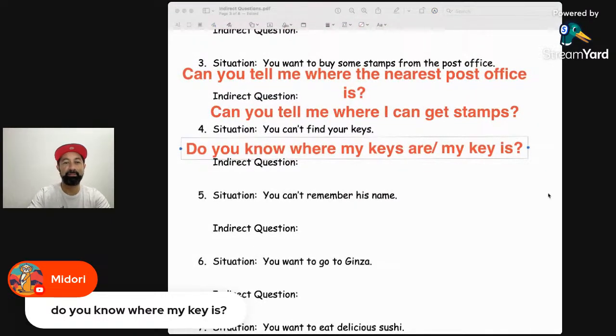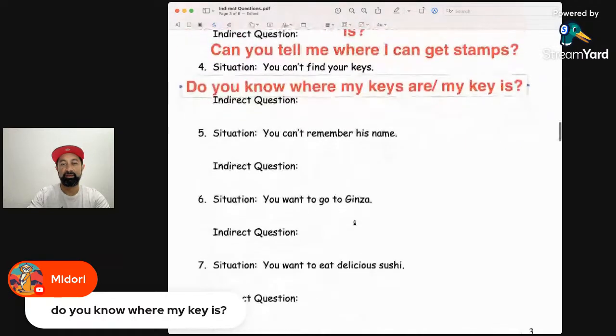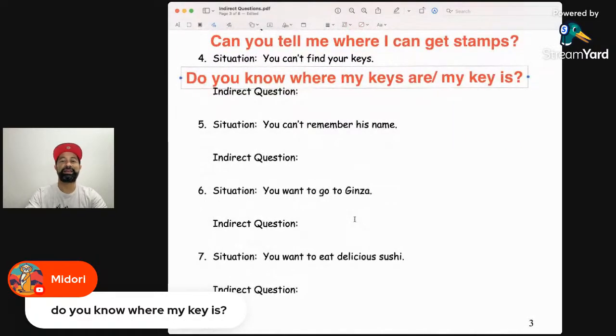Okay, let's keep moving. Number 5, you can't remember his name. Okay, so let me give you the situation. I want you to imagine you're at a party and you see a guy. You met him maybe a few weeks ago, but you completely forget his name.